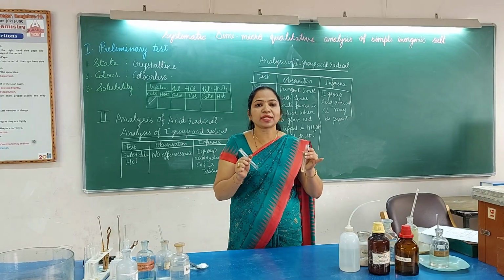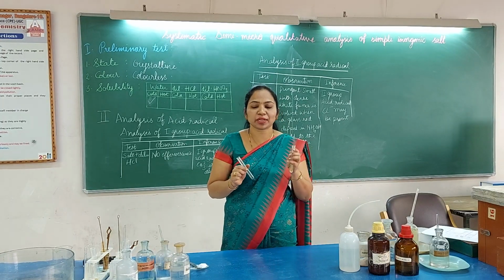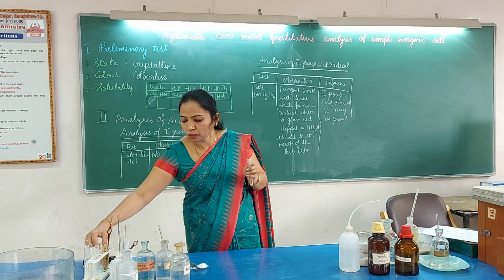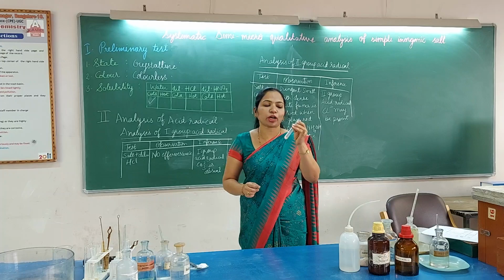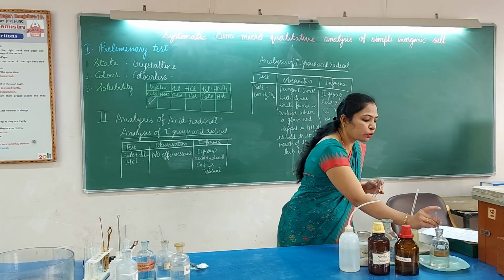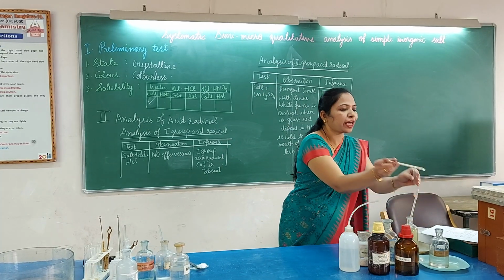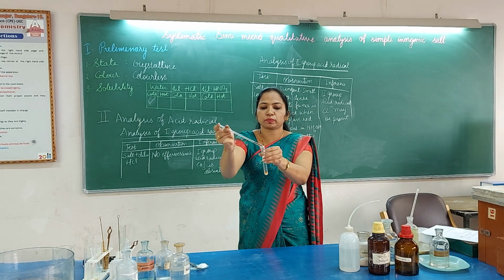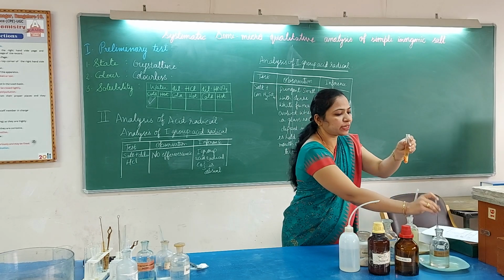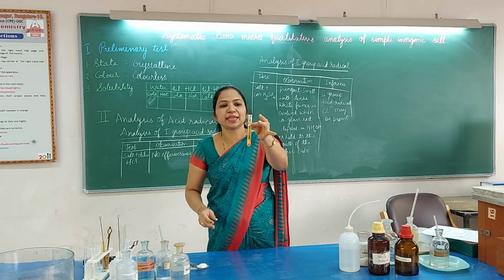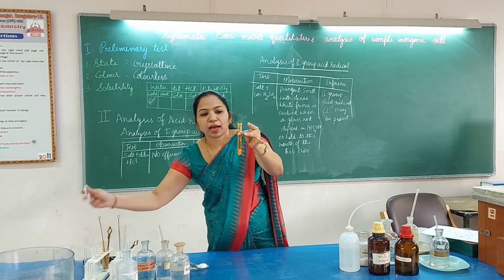So let us do the test and see what changes take place. I have already taken the salt and I have added potassium dichromate. To this I am going to add concentrated H2SO4 solution. When I add concentrated H2SO4, as you can see, fumes are evolved.